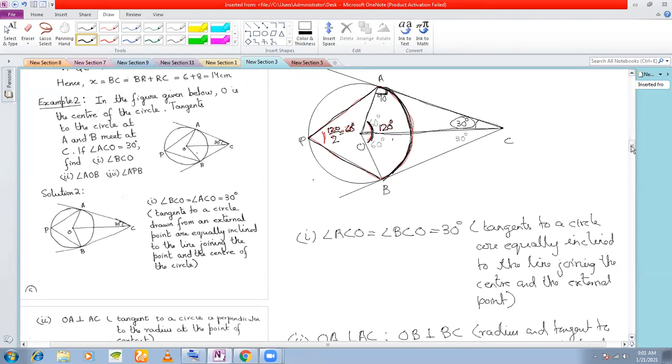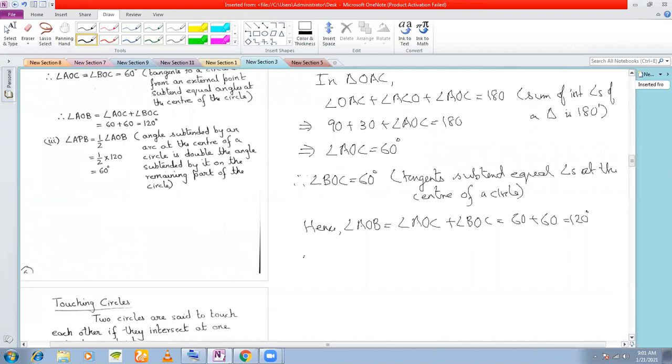So let's write it down. Angle APB is equal to half of angle AOB. Angle AOB above we have found out to be 160 degrees. So this is 80.